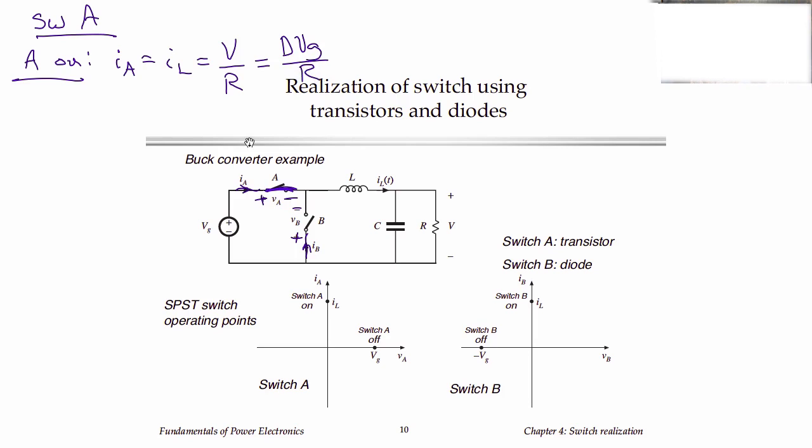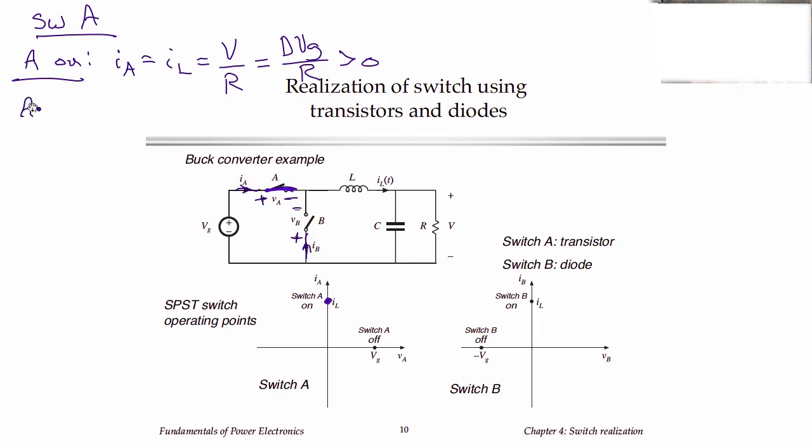So we get D VG over R is the current that the switch has to conduct. Now all of these are positive quantities. We'll assume VG is positive, the duty cycle is positive, and R is positive. It's a passive load, so the on-state current IA is positive. Okay, so here's the on-state current of IA, and it's a positive current.